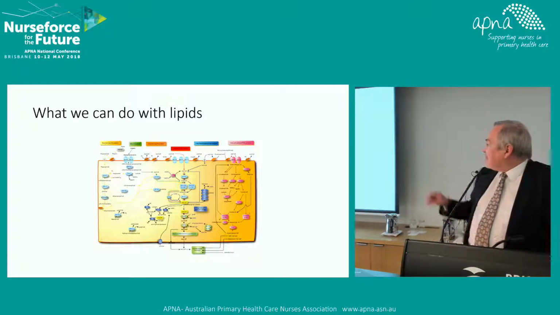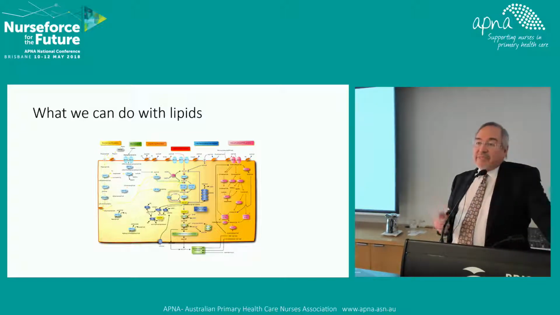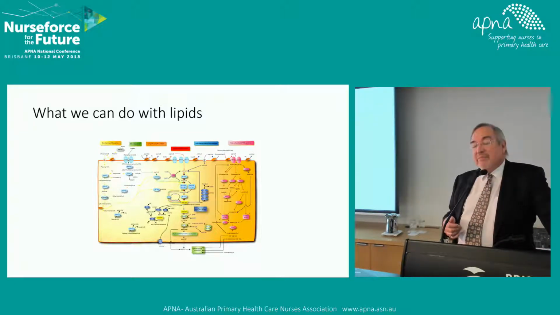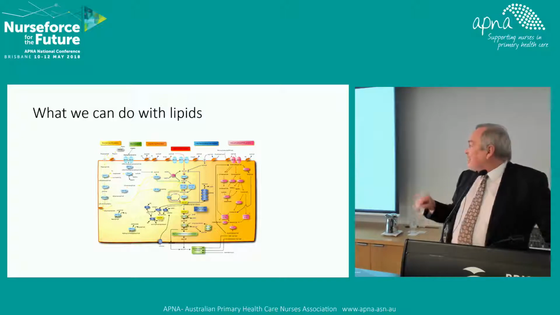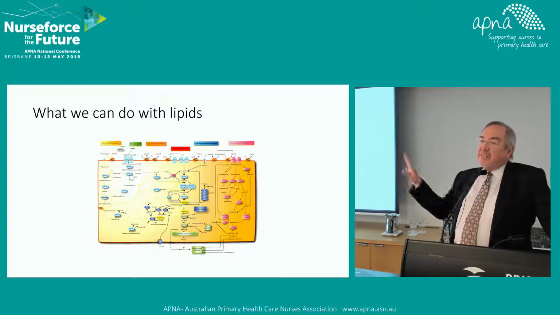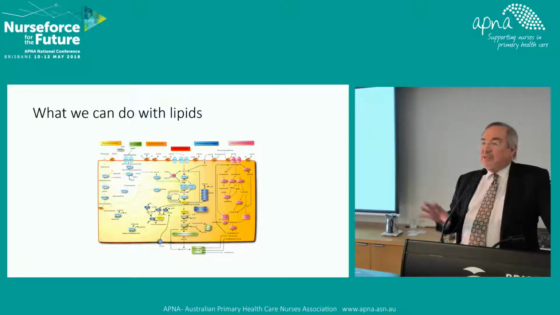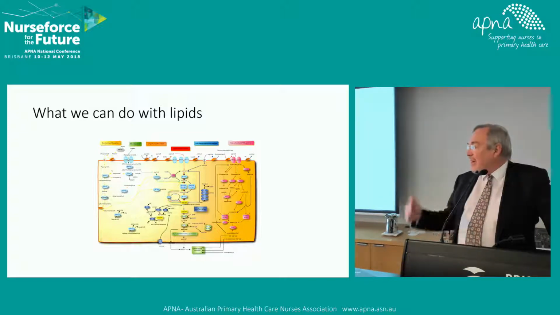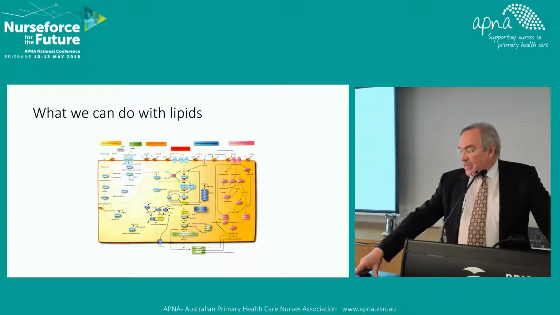So there's a lot of functions of lipids, and a lot of lipids end up as messengers or being converted into messenger type material. So although we're thinking of LDL and HDL and triglycerides, that's really just a bit of a side effect. The body's really interested in lipids for other reasons, but from a health point of view, we're interested in how those lipids in the circulation largely impact our body as a whole.